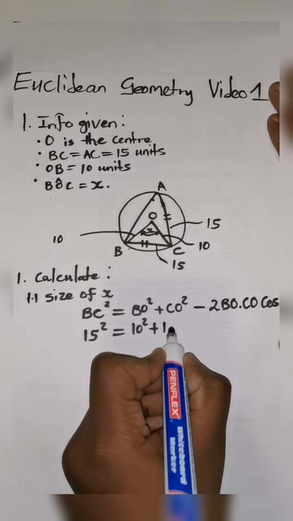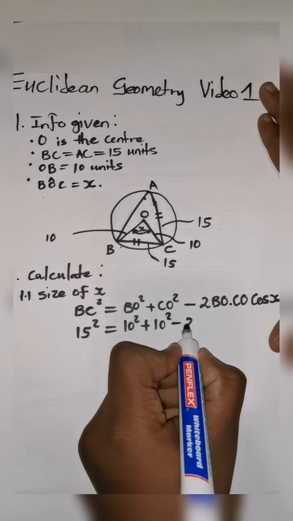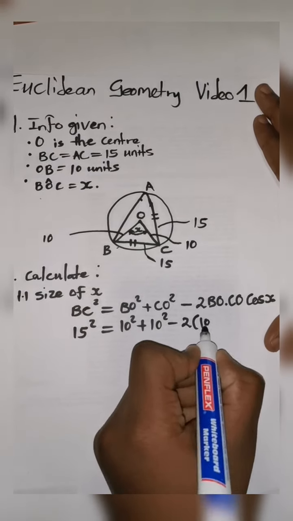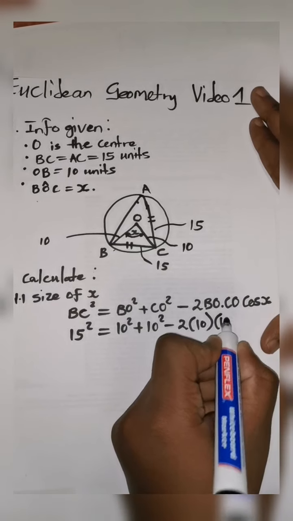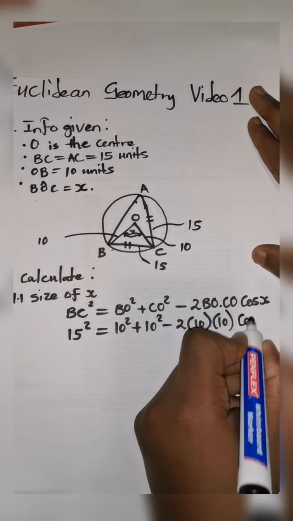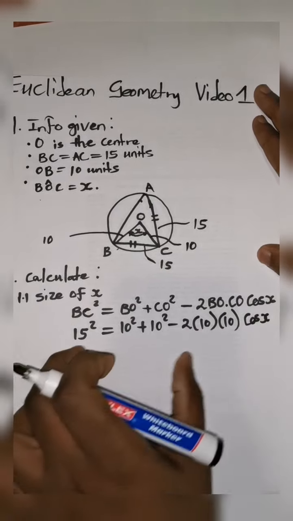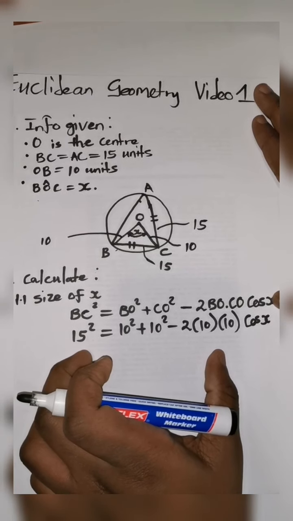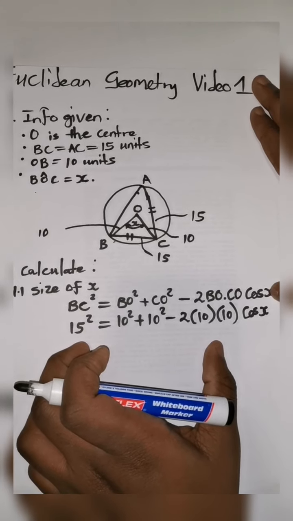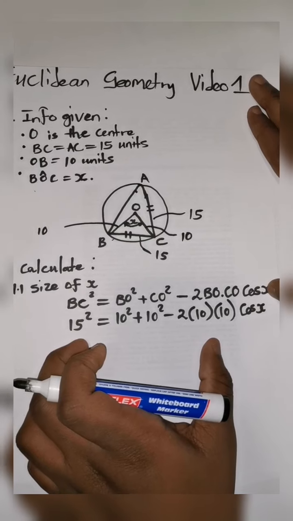BO is 10, CO is 10 again, and then cos x. Based on this equation, you can tell that we have one unknown.